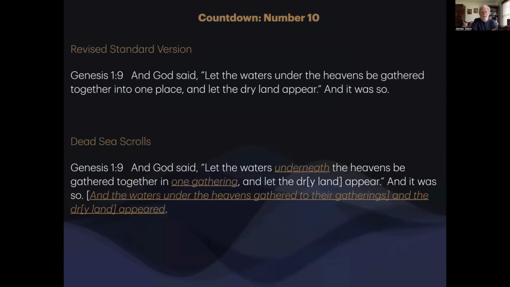So here we go with our countdown. Number 10. In the Revised Standard Version, a standard English Bible I've got here on my desk, Genesis 1, verse 9: "And God said, let the waters under the heavens be gathered together into one place, and let the dry land appear. And it was so." So this is the creation hymn of the very first chapter of the Bible.